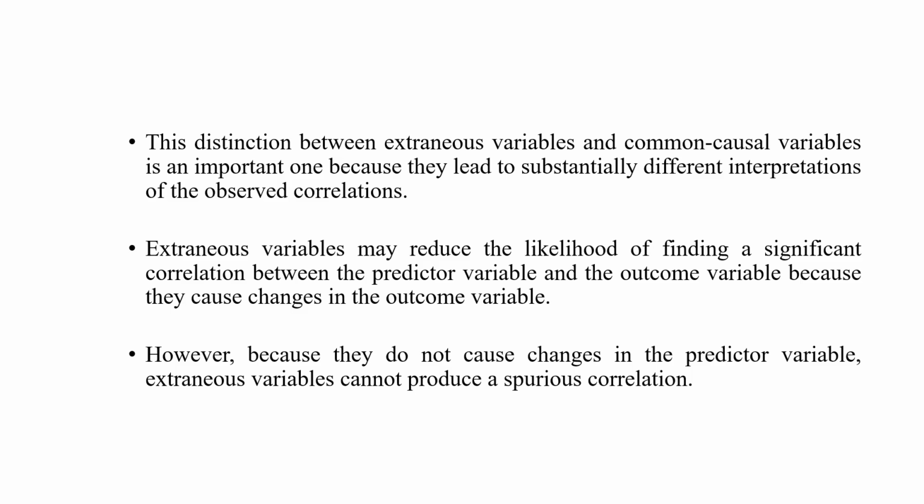Extraneous variables may reduce the likelihood of finding a significant correlation between the predictor variable and the outcome variable, because they cause changes in the outcome variable. So, extraneous variables are actually a bit of a problem. However, because they do not cause changes in the predictor variable, extraneous variables cannot really produce a spurious correlation. They are affecting only one side of the thing. They are not changing the predictor variable, they are only changing the outcome variable.